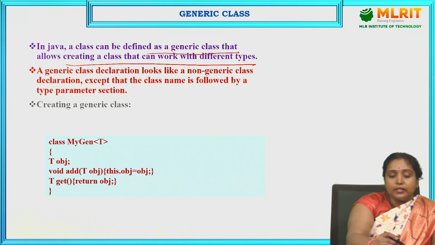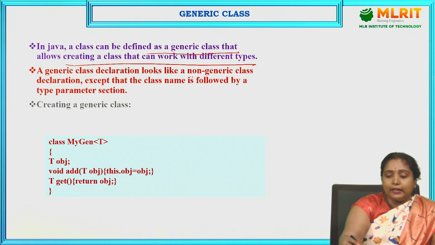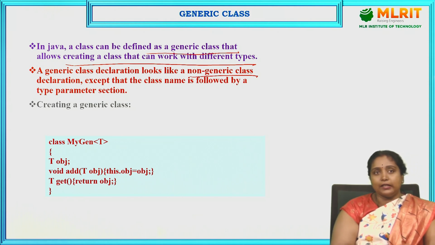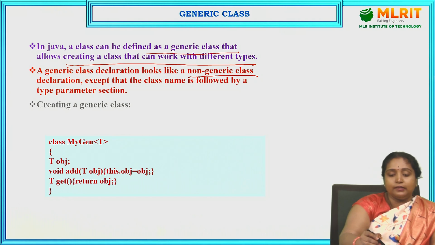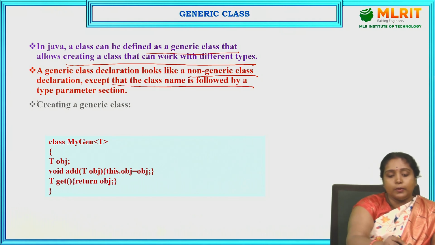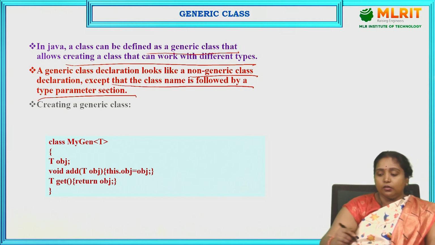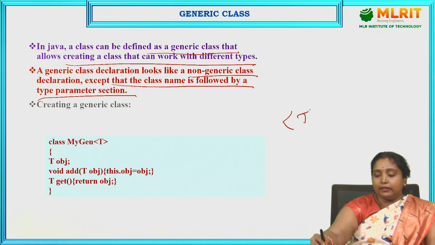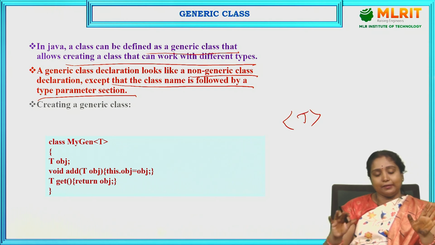A generic class declaration looks like a normal, non-generic class declaration, except that the class name is followed by a type parameter section. So you will have the angular brackets with the type. That's the difference between a normal class and a generic class.